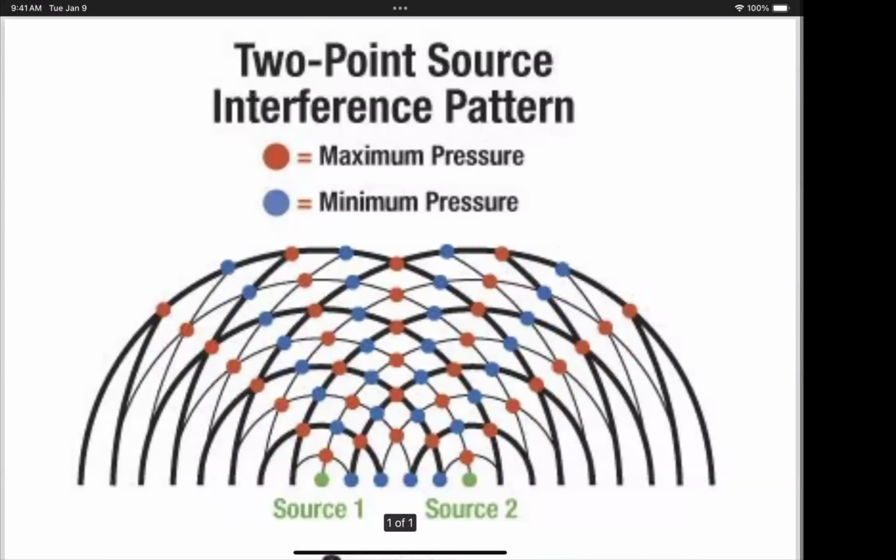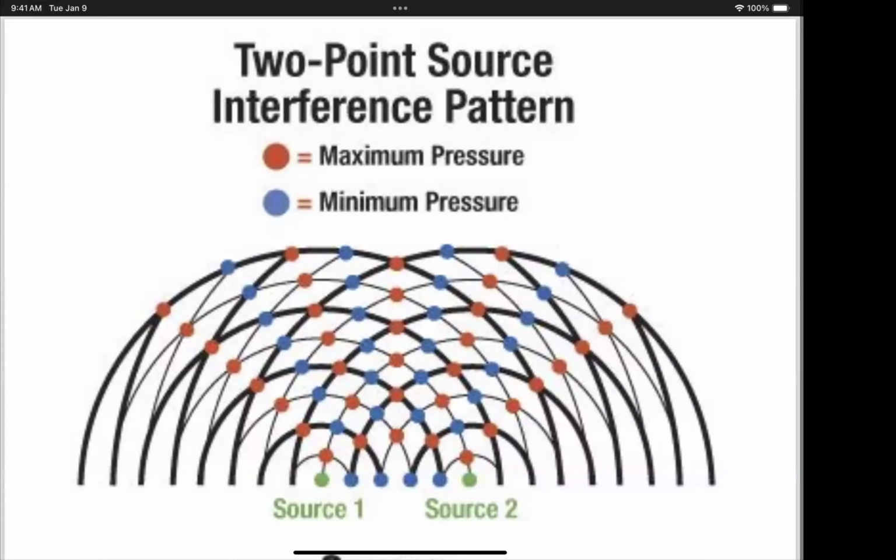So all that means is if I have my two sources, source one here and source two here, as these waves propagate outward, we're going to get many locations where we have constructive interference and many locations where we have destructive interference. As I move outward in some particular direction, we'll encounter some places with constructive interference and some with destructive interference, which means at one point we'll hear nothing.